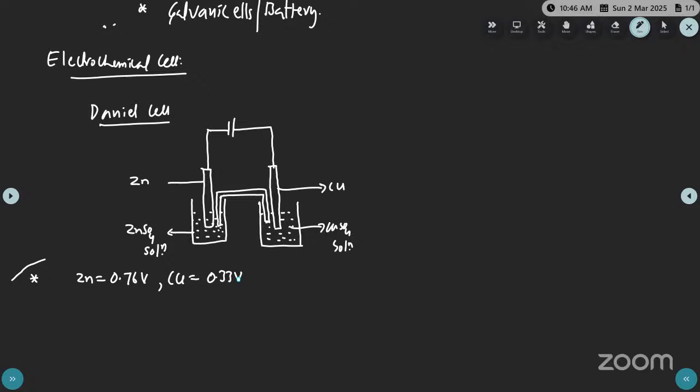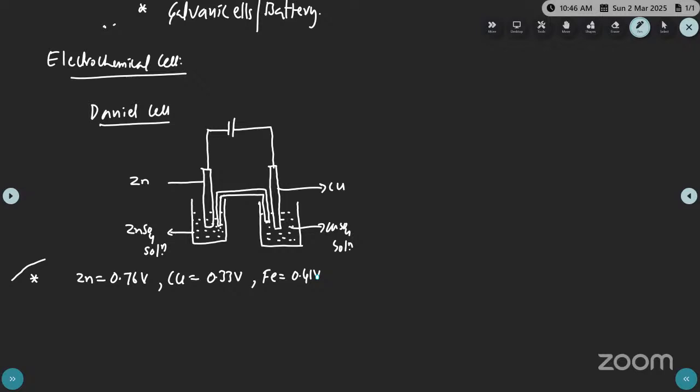For example, I take copper and iron. Here the iron potential is 0.41 volts. In these two, which acts as anode and which acts as cathode? Iron acts as anode and copper acts as cathode.